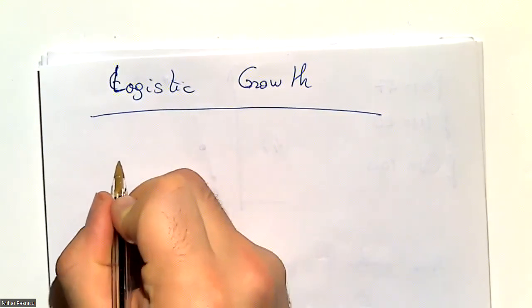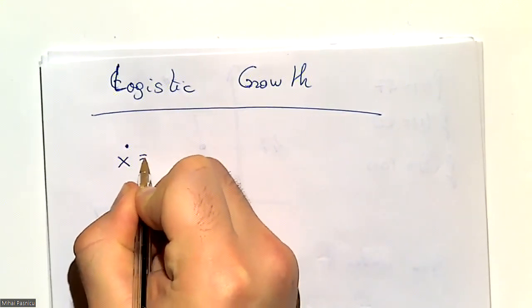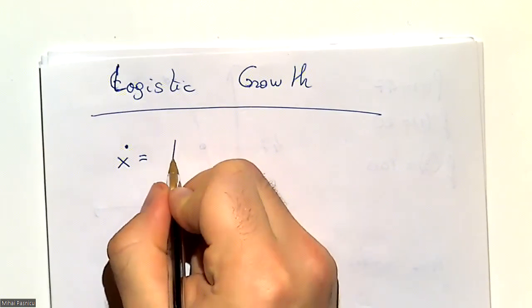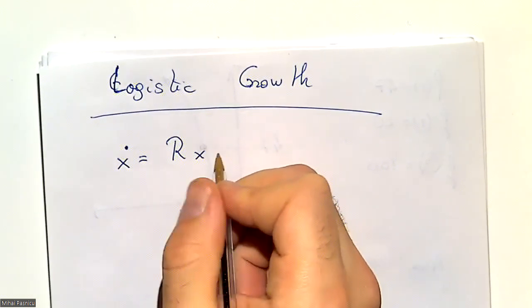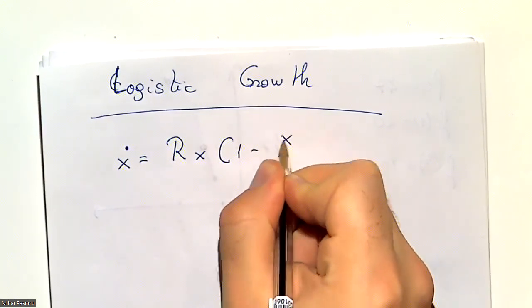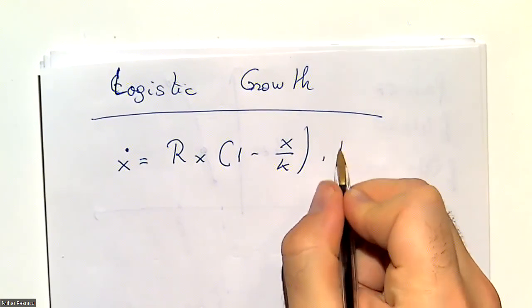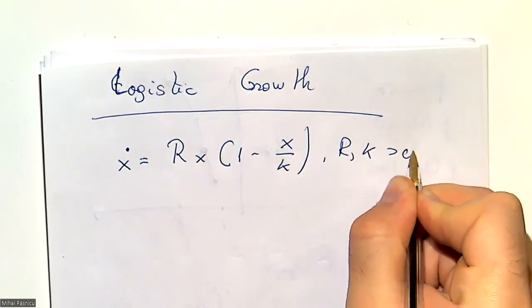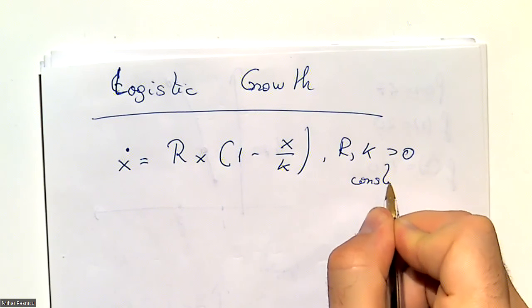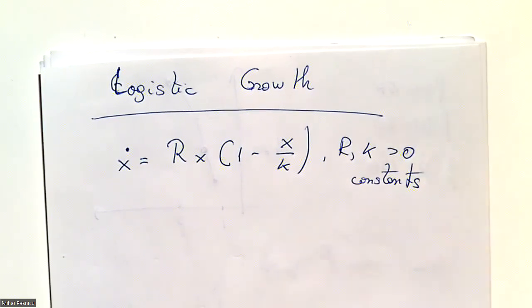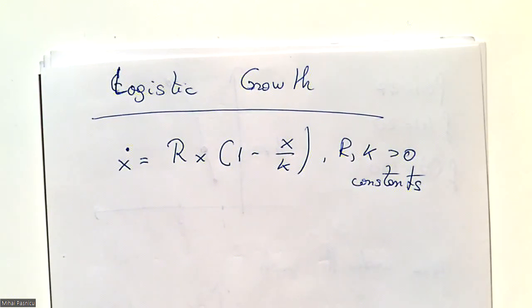Okay, so your differential equation is this: x dot is equal to r x times 1 minus x over k, with the condition that r and k are bigger than 0 constants. This is called logistic growth. I have no idea where it's being used in economics, but it's definitely being used.